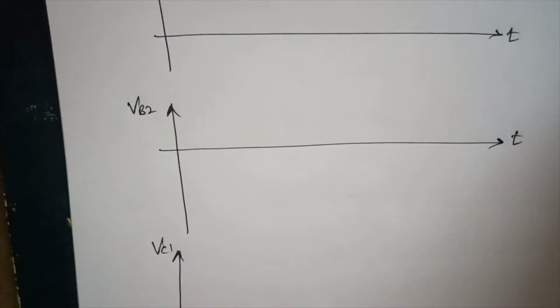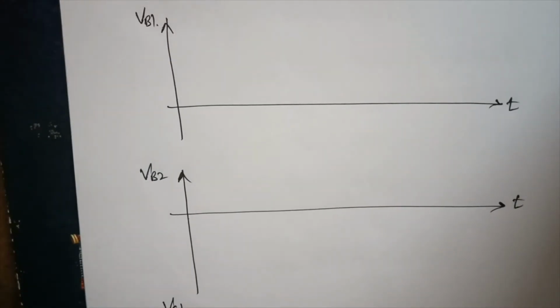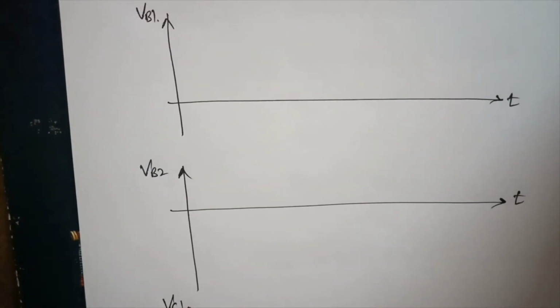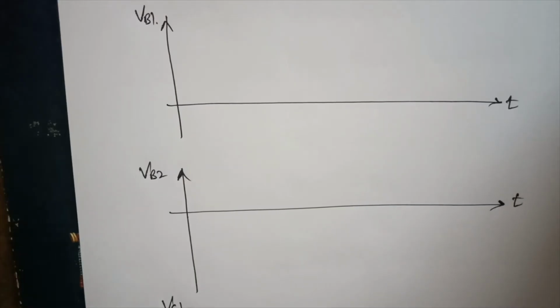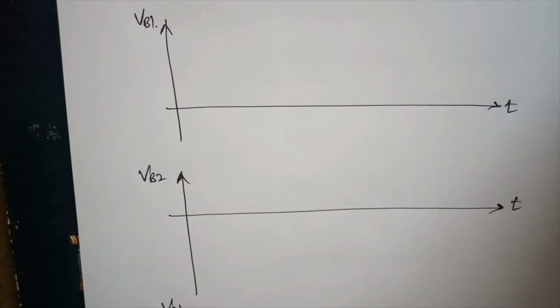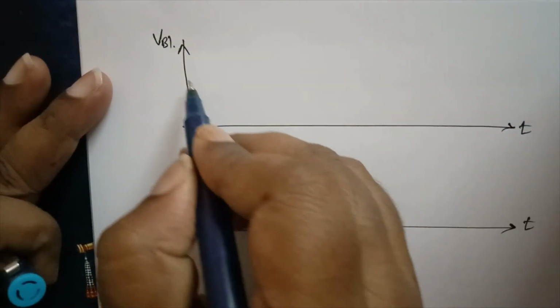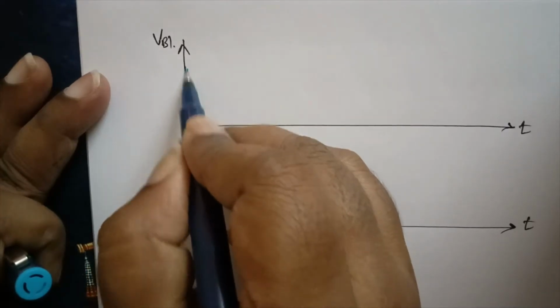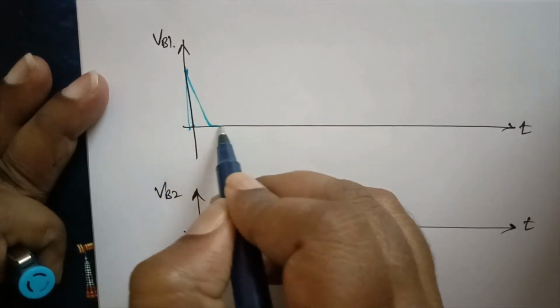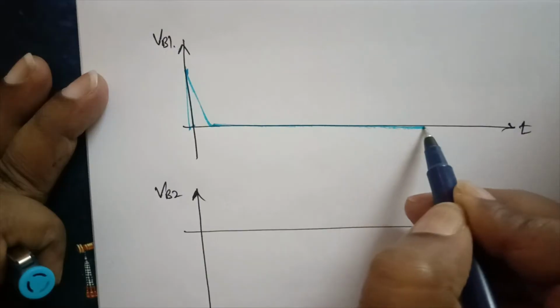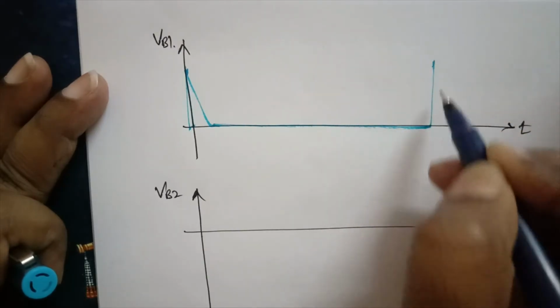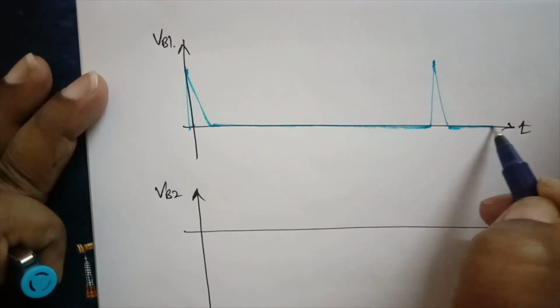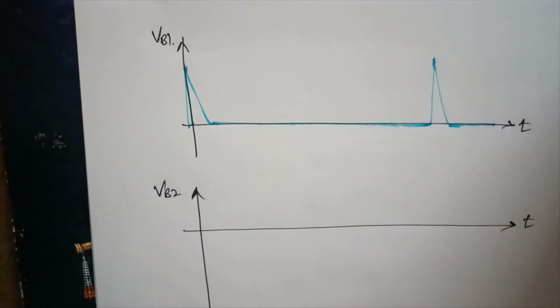Okay, so here initially I am applying the trigger pulse. And one more trigger pulse I have applied here. So in this case what happened?